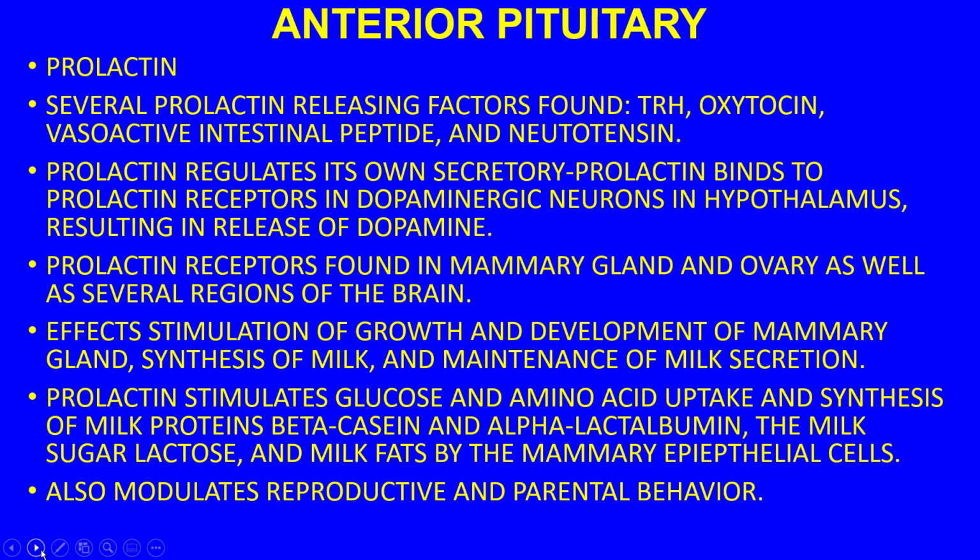Prolactin stimulates glucose and amino acid uptake and synthesis of milk proteins, particularly beta-casein and alpha-lactalbumin, the milk sugar lactose, and milk fats by the mammary epithelial cells. It also, interestingly enough, modulates reproductive and parental behavior.